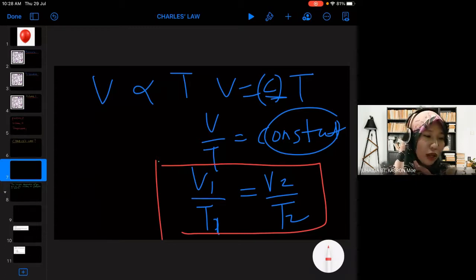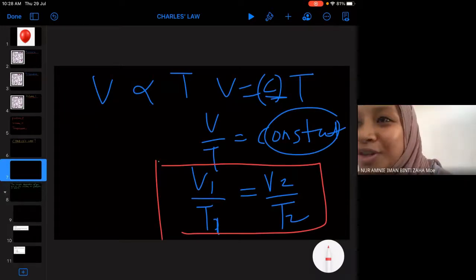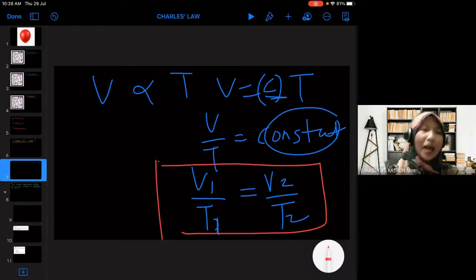Yes, anything? Why did we not put the pressure in the formula, because you said the pressure is constant? Because the pressure is constant, it means that you do not change anything about the pressure.